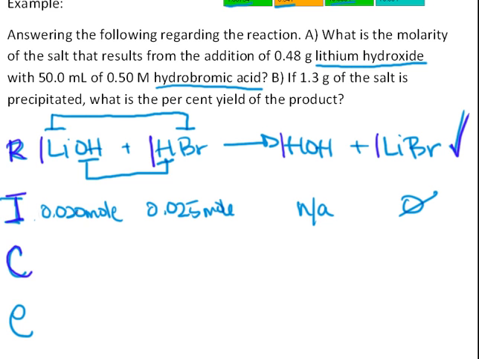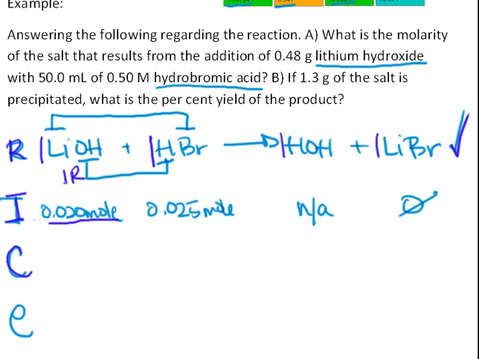So let's look at how this will play out in this reaction, and it might make it a little bit more clear. So, like we found earlier, these react in a 1-to-1 ratio. Our limiting reactant will be the one we have the fewest moles of, which, based on our initial amounts, is lithium hydroxide.